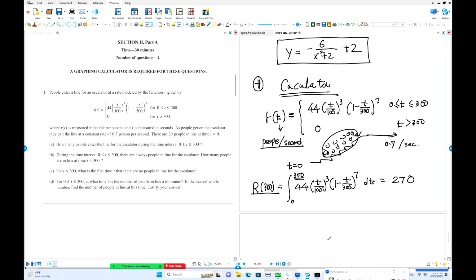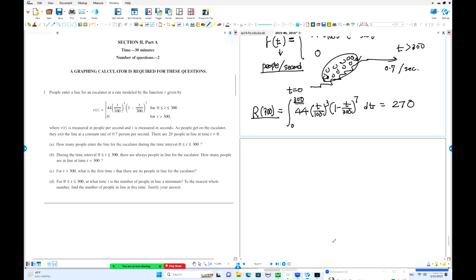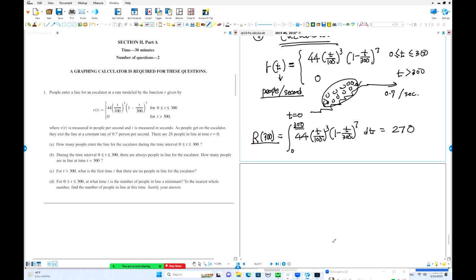The next one: during the time 0 to 300, there are always people in line for the escalator. How many people are in line at time t equals exactly 300?